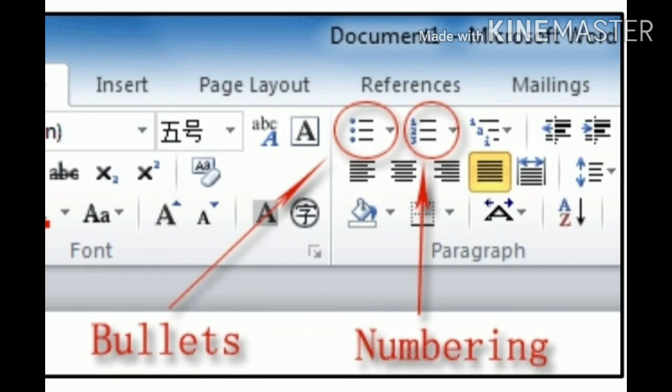To add a bullet, select the line and then click on the bullet icon in the paragraph group of the Home tab and select a bullet from the list. If you want to put numbers instead of bullets, just select the items and click on the icon for numbers next to the icon for bullets in the paragraph group.